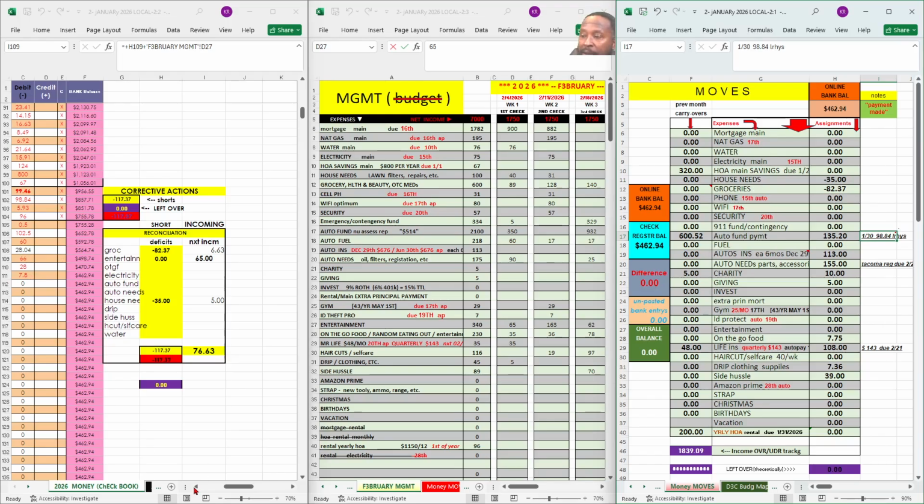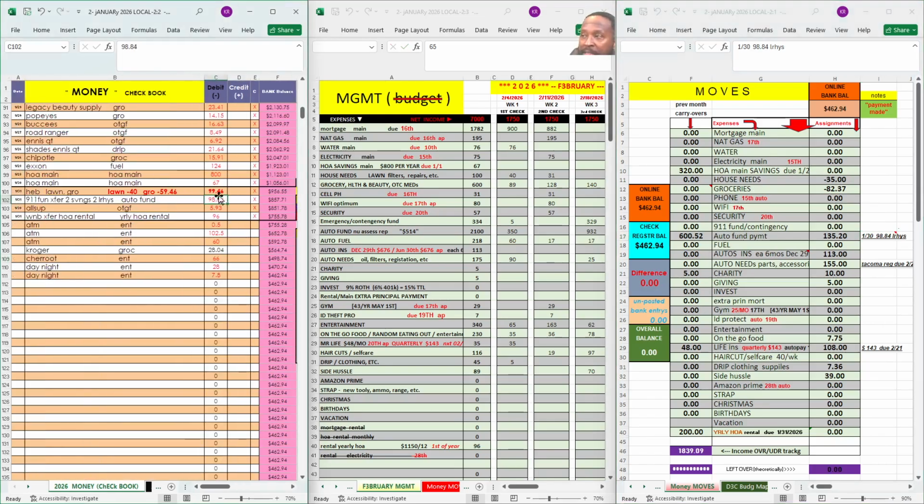I see it right over here. There's that $98.84. So this should be deleted now. That means none of this money is going to be coming out anymore. So I have it available either to spend on auto fund, to carry it over for auto funds for the next month, or to use it to clear out some of these balances.